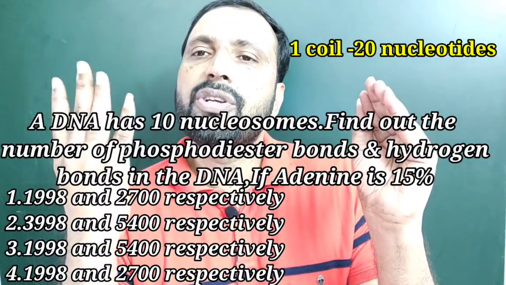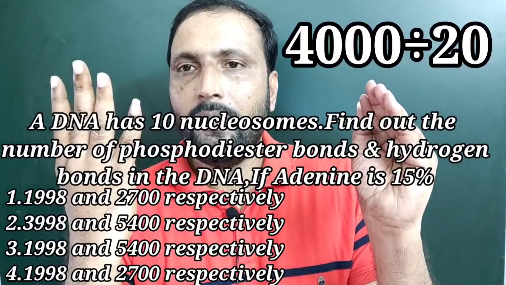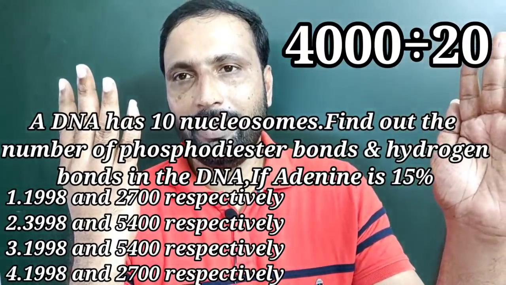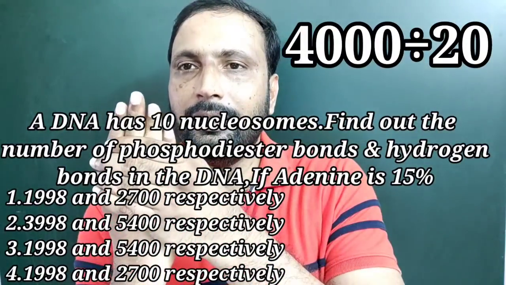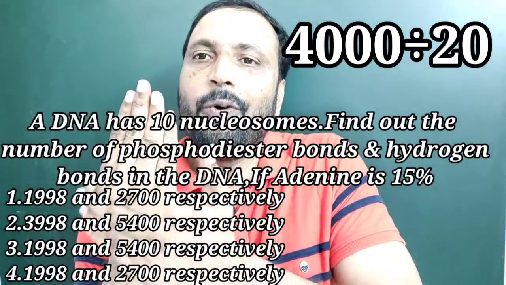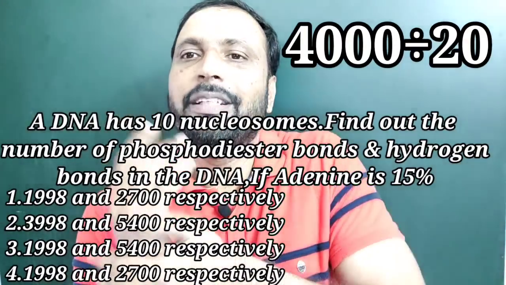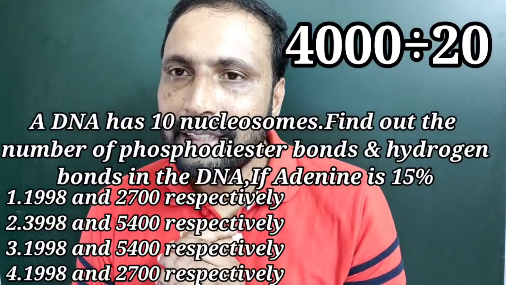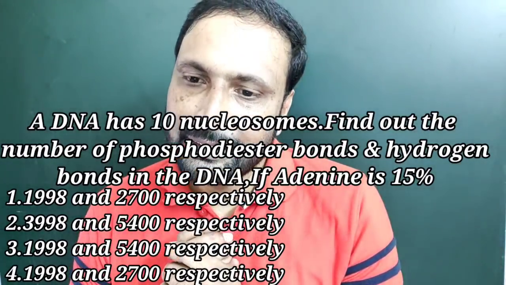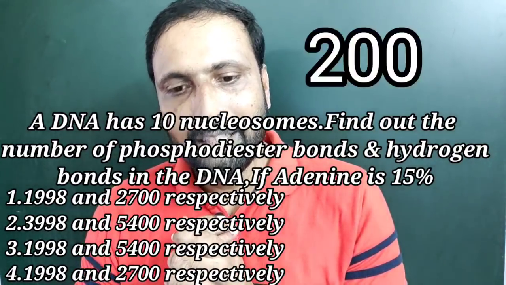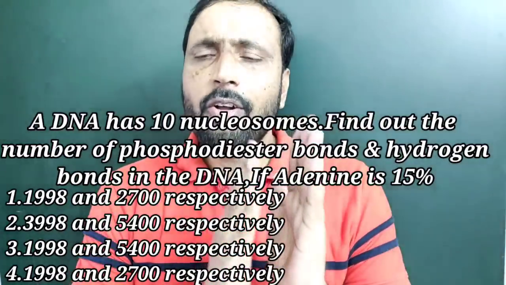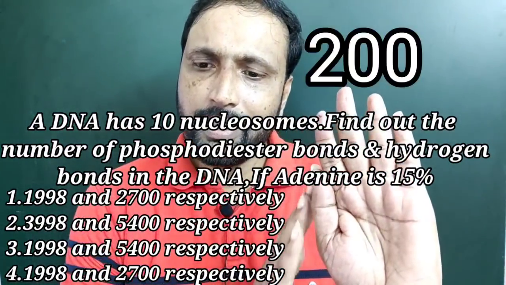When 4000 nucleotides are there, how many coils are there? 4000 by 20 means how many coils? 200. 200 coils are there, it is very clear.